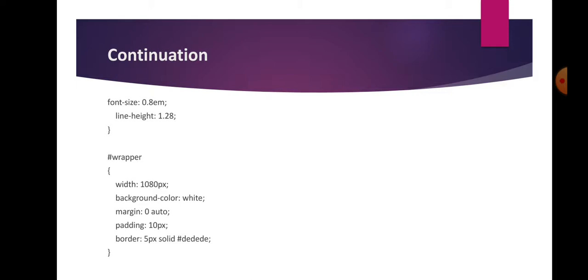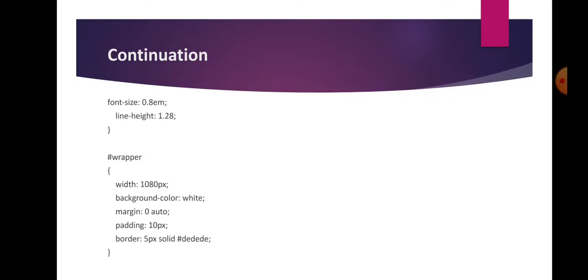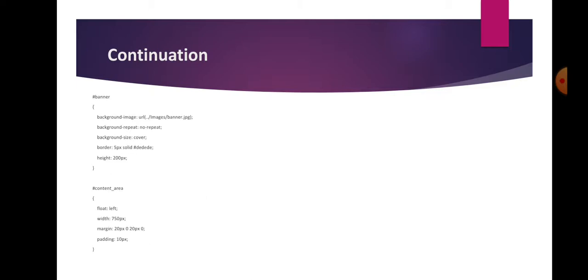Next, the wrapper. Hash wrapper means it is a class which is already specified. The wrapper width may be 1080 pixels, background color white, margin 0 auto, padding 10 points, border.